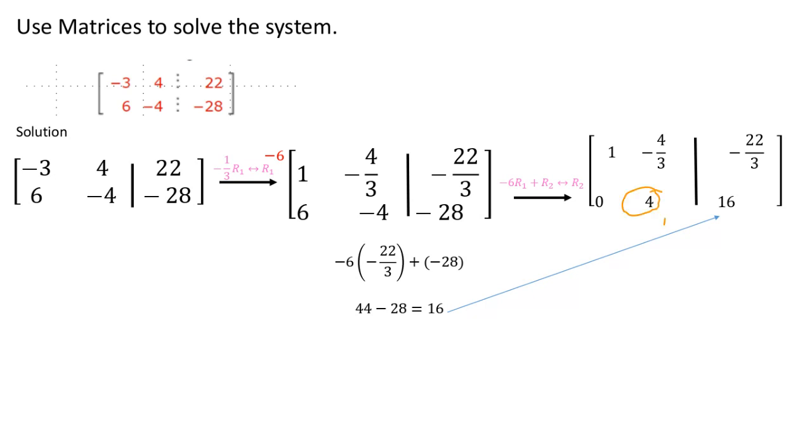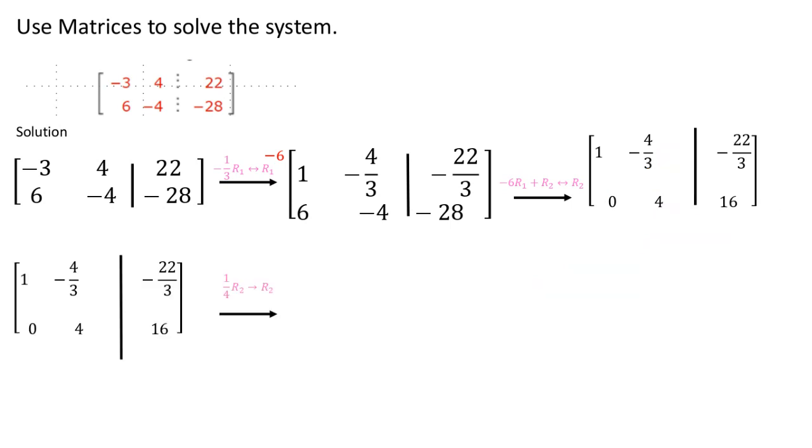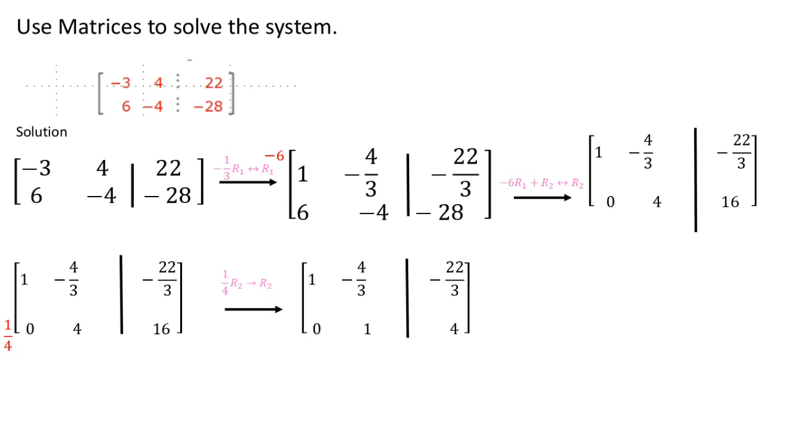So now that I have this, what I want is a 1 here, and I want a 0 here. So we're going to continue with our row operations. The first thing that I'm going to do is get the 1 here, and I can get that by multiplying a 1/4 to row 2. So when I do that, 1/4 times 0, that's 0. 1/4 times 4, so 4 divided by 4 is 1.